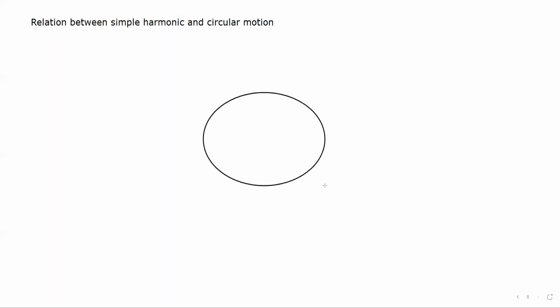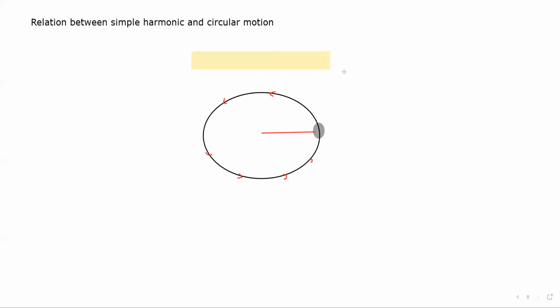Now, as we are relating simple harmonic motion to circular motion, for example, you have an object which is attached to a string, and this object is moving in a circular path, and you place a source of light at the top.